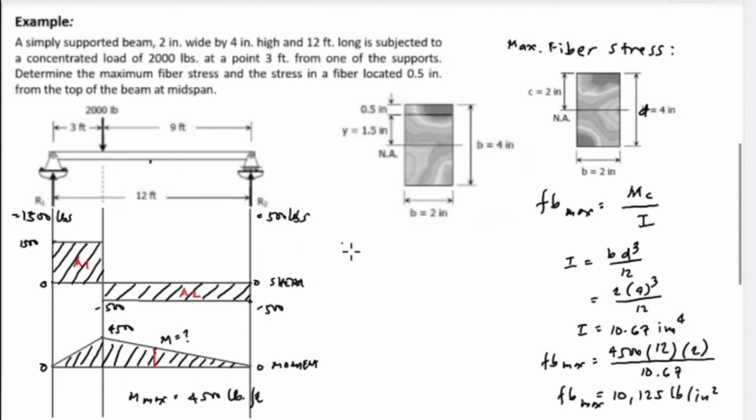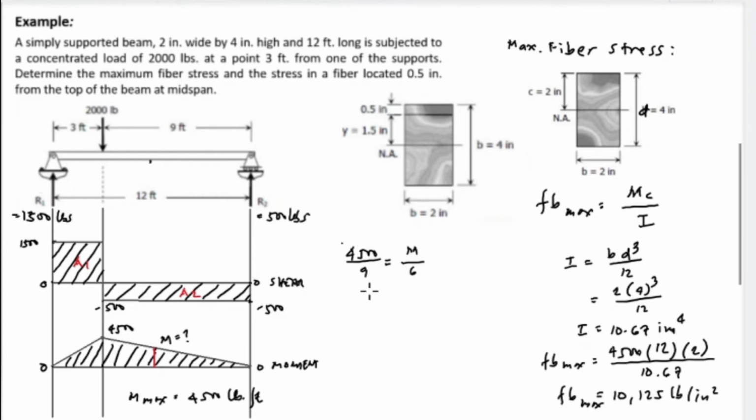So we have 4,500 divided by the length, which is 9 feet, equal to the ratio of the small triangle, the height, which is m, the moment at midspan, divided by the distance at midspan, which means from the right support up to this point is half of 12 feet or 6 feet.